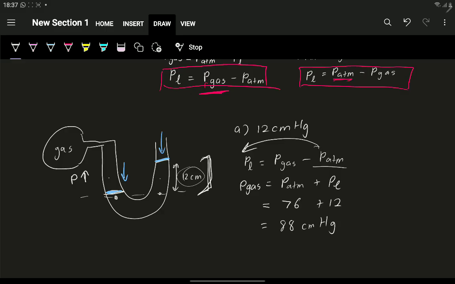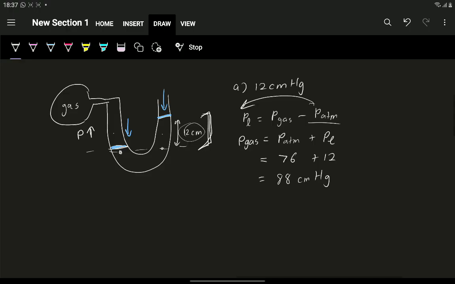Now we need to find the gas pressure in Pa. So P gas equals h rho g. Since it's liquid, you can use the liquid formula. Our h is 0.88 because we convert the cm into meter.